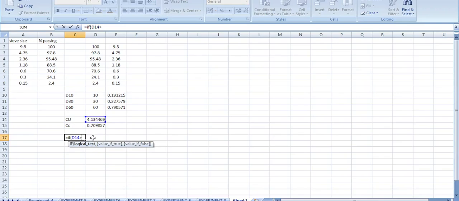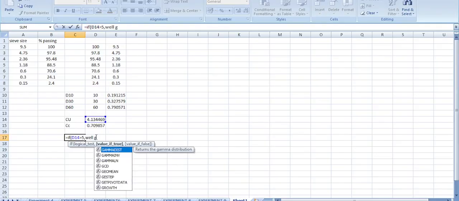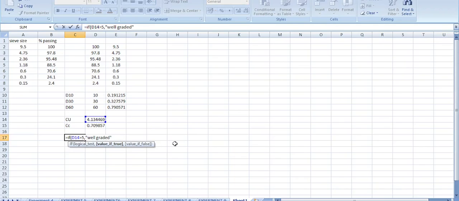Let's say it's greater than 5. You put comma. The system should say well graded. Remember, for you to put this well graded, you must use a double quotation mark. If not, the system will give you an error. Double quotation mark, remember, because it's a string. So if you don't use it, the system will not honor it.